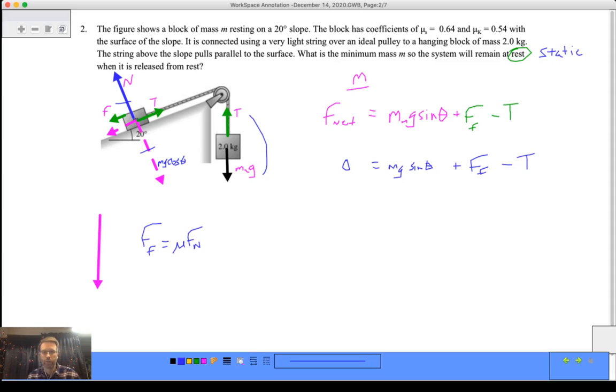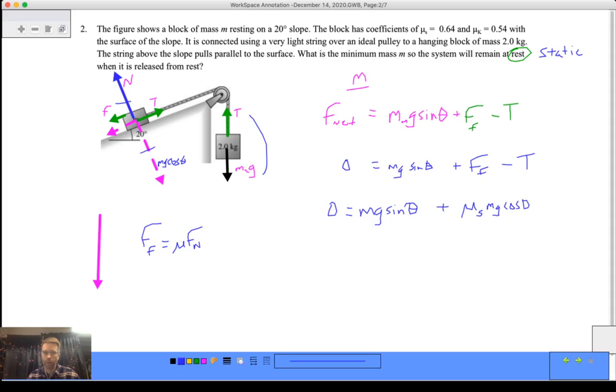So now I'm going to go back here and do this again. The net force has got to be 0. We know mg sine theta. The friction force is mu times Fn. Well, mu static, because there's no motion, and Fn is equal to mg cosine theta.